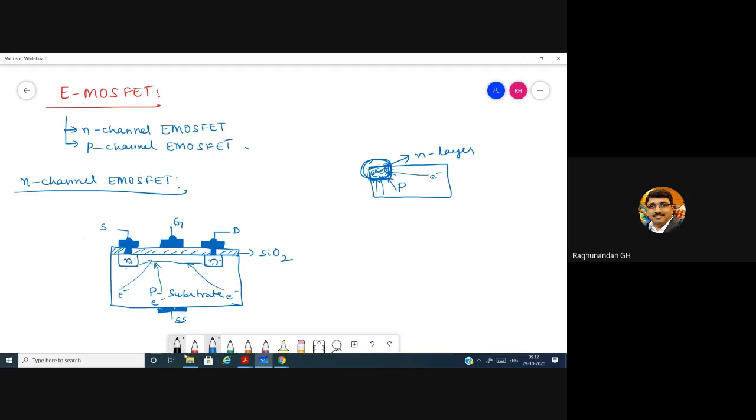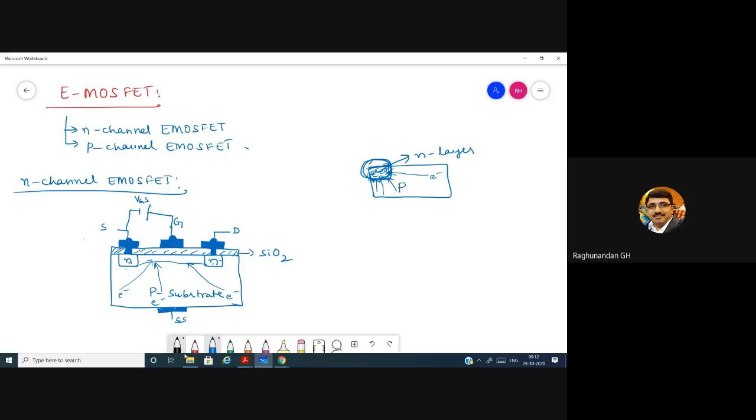This concept is going to be applied here. Now tell me what kind of voltage I should apply to the gate such that all the electrons, which are minority charge carriers, get attracted and deposited over here. Positive. So we are going to connect a positive battery, VGS.